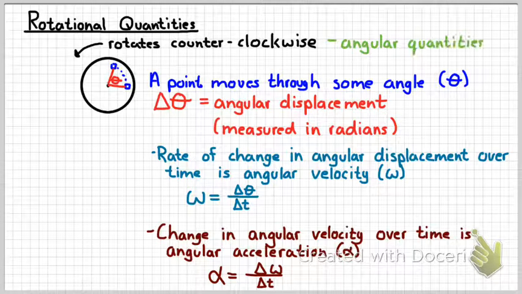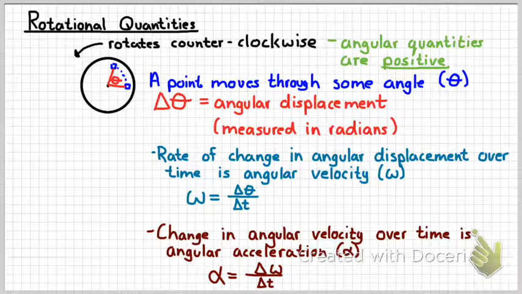Whenever something is rotating counterclockwise, we're going to refer to those quantities as being positive. So if something moves counterclockwise, its displacement is positive, and omega is positive. If it moves counterclockwise and speeds up, then alpha would be positive as well.